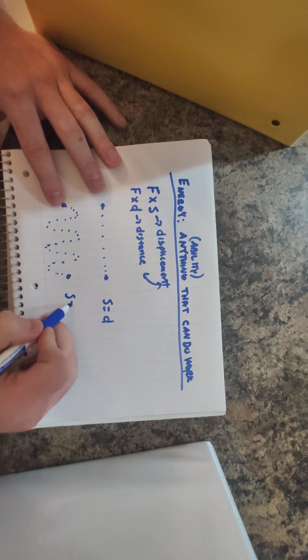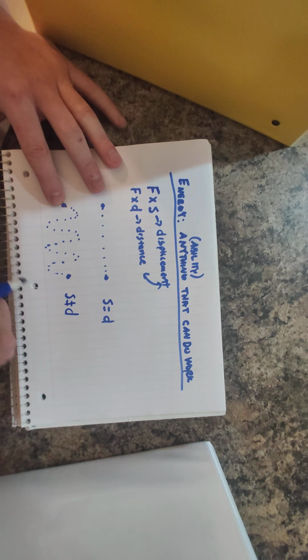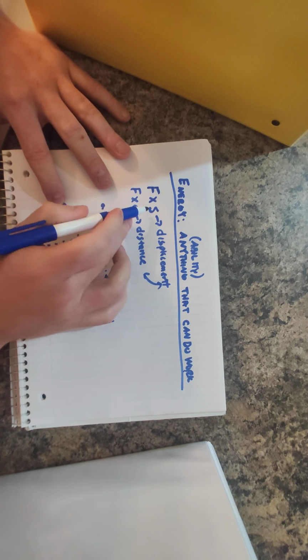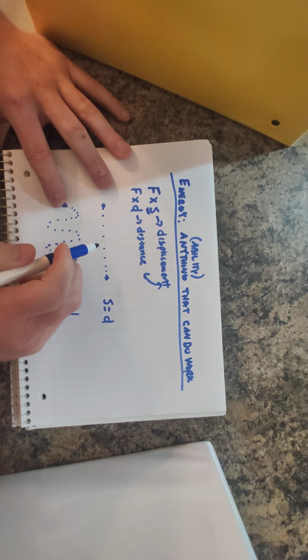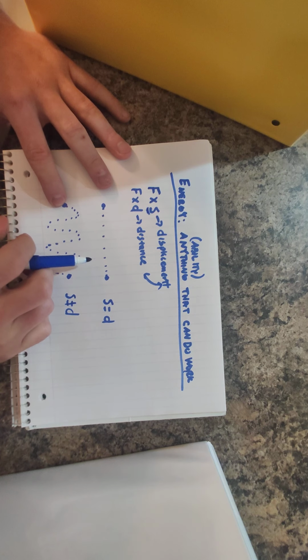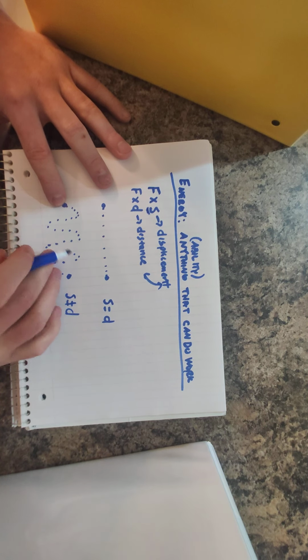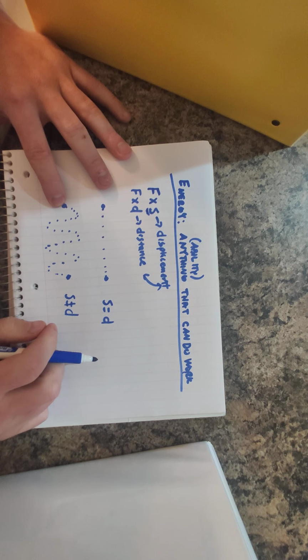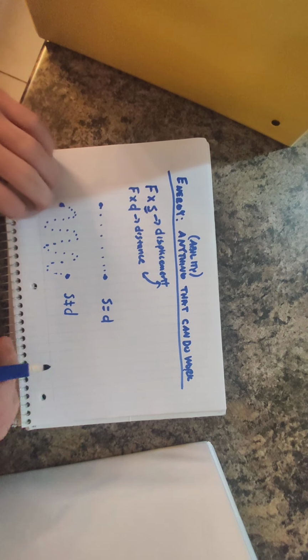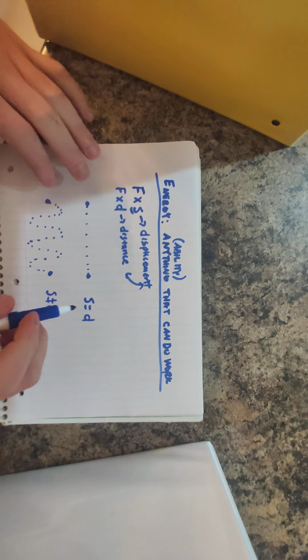So in this case, S does not equal D. So it's good to think about in physics, in a straight line, the distance is the displacement, but in a curved line, the distance is not always the same as the displacement. That's neither here nor there, so let's talk a little bit more about energy.